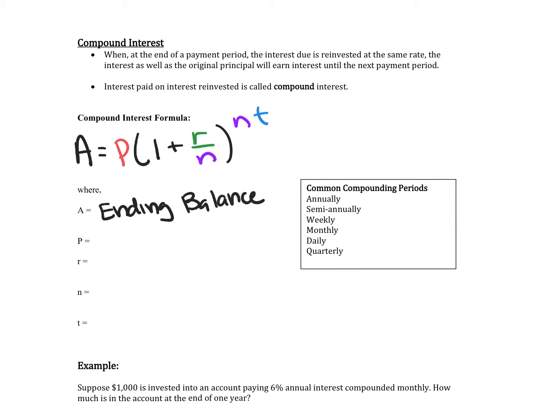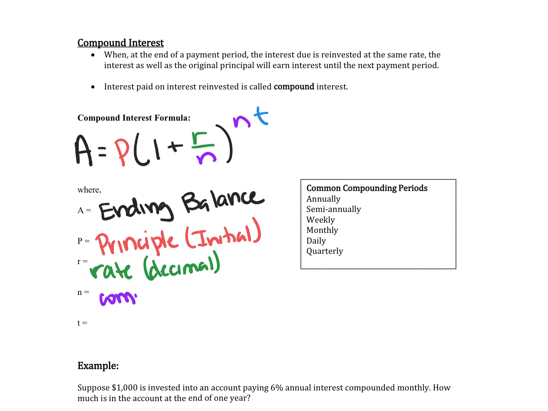P is what we call our principal, or the initial investment, or the initial loan if you take out a loan. R is the rate, still expressed as a decimal. N is a new variable that we're going to call the compounding, and it tells me how often I actually reinvest my interest. And T is my time, still expressed in terms of years.